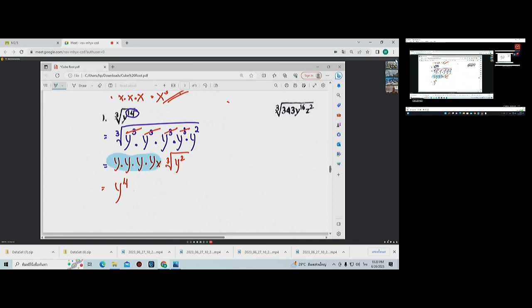But this is times cube root of y square. Okay? Do you understand? Yes? Any question?